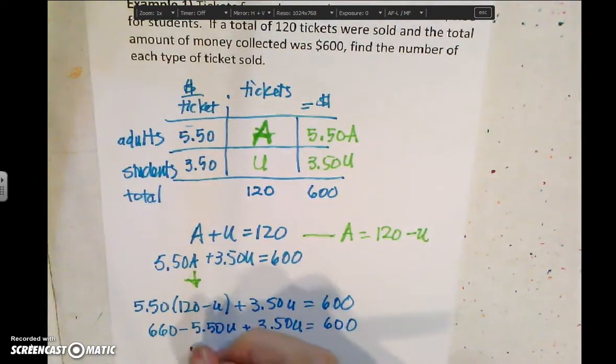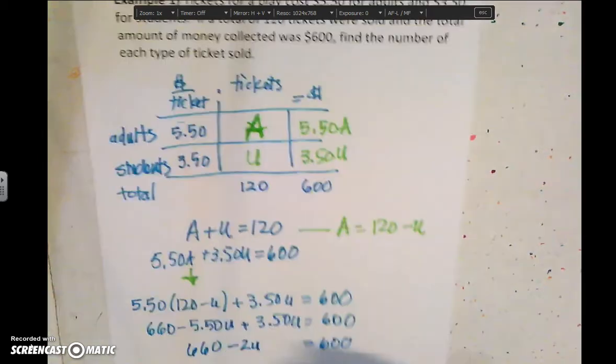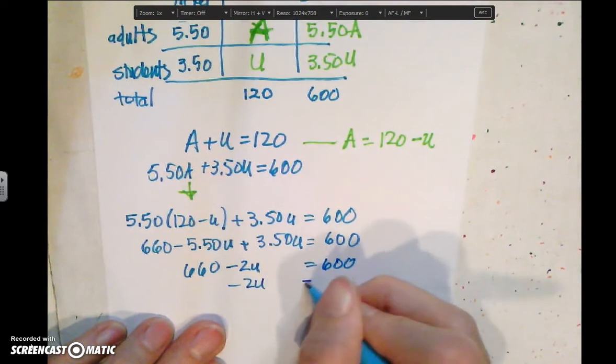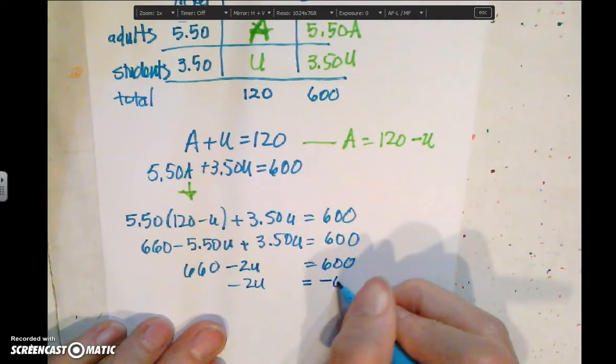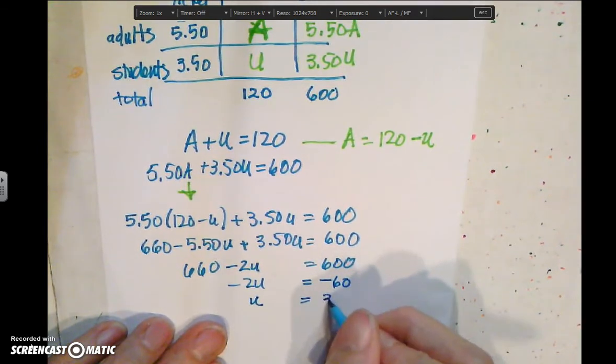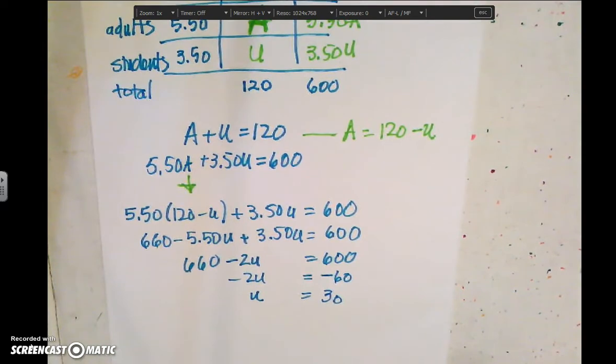And we still have our 660 here is equal to 600. Subtract the 660, so negative 2U is going to be equal to negative 60, and then divide by negative 2 and get that U is equal to 30.